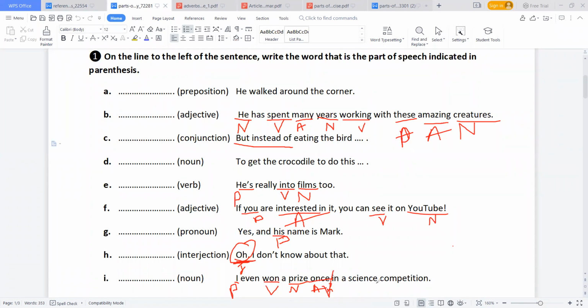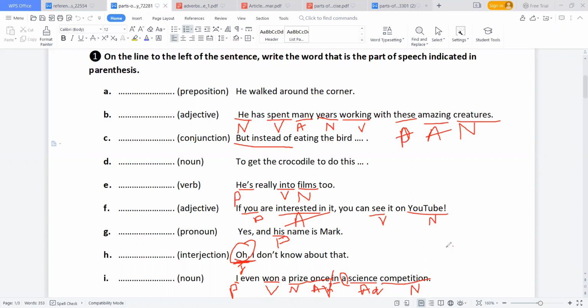Next, in a science competition. So in is a preposition. A is an article. Competition is a noun. What kind of competition? It was of science, so it's an adjective. Now, is it clear?